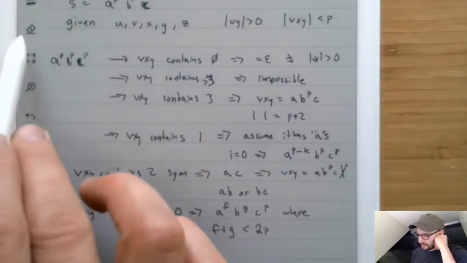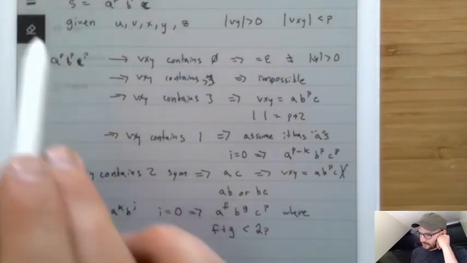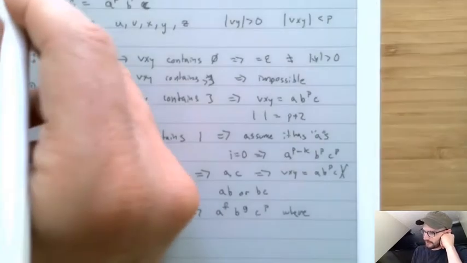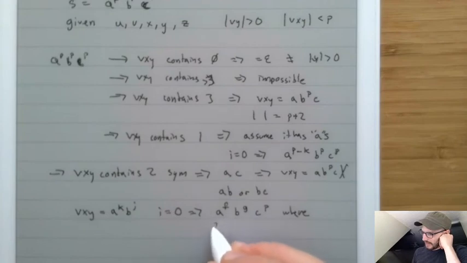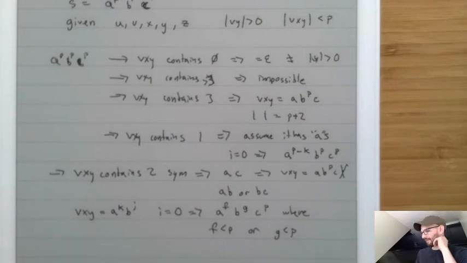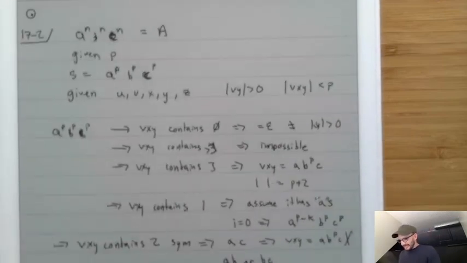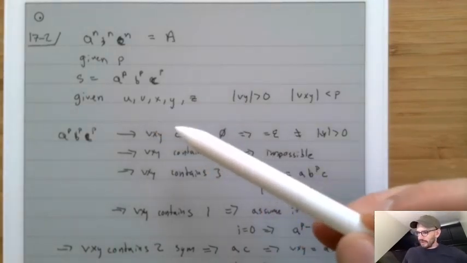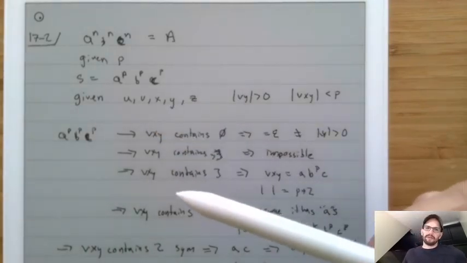Rather than writing it that way, let's write it a slightly different way. Let's not say that F plus G is less than 2P. Let's write F has to be less than P, or G has to be less than P. And they might both be less than P. And so therefore, at I equals 0, the string is not in the language. So we have now gone meticulously through all the different things that u, v, x, y, and z could be made up of.